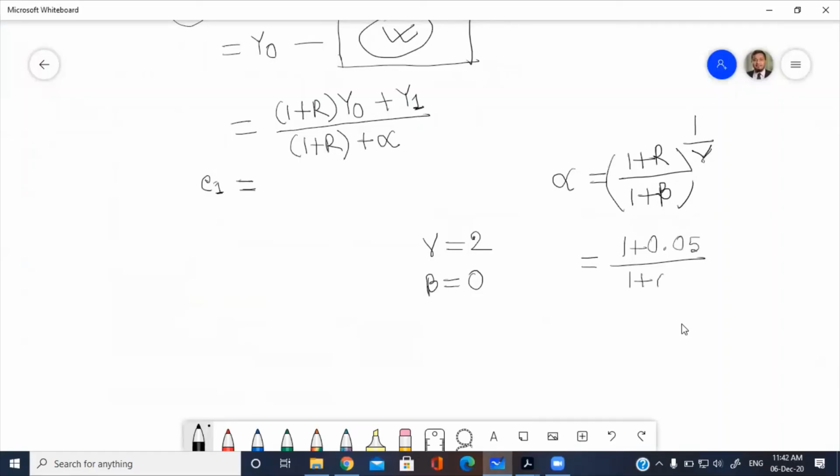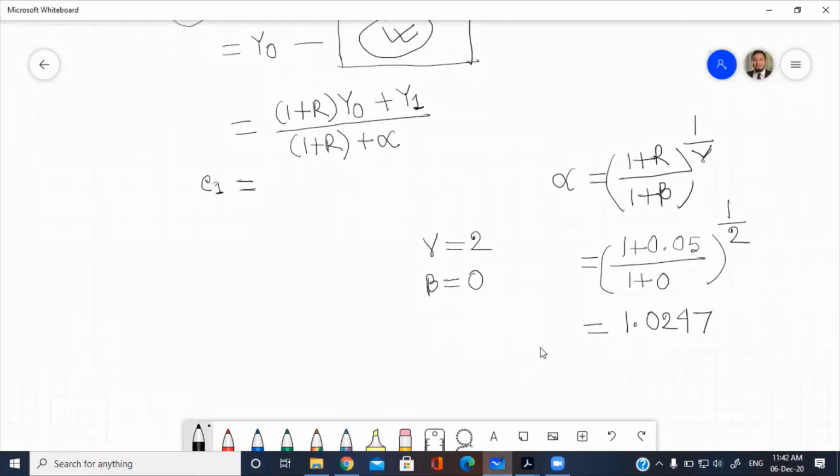Then what about beta? 0. And what about gamma? 2. And you will get 1.0247. Is it possible for you to get this calculation?